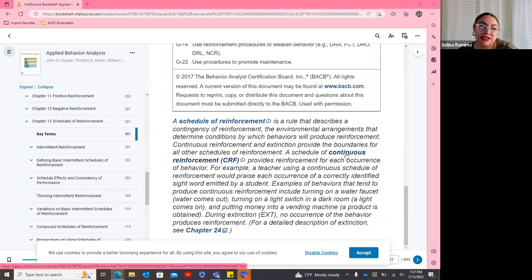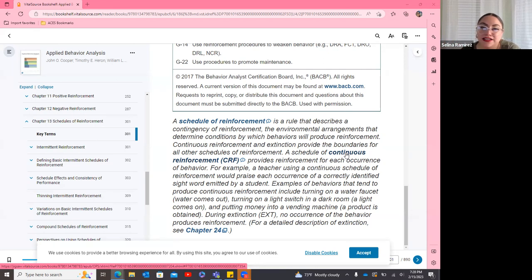Because if one person is running an FR1 and giving reinforcement after every one correct response, and then we have another person running a VR5, and then you start to see an increase in behavior with the VR5 person, what's happening is the client is going into what we call ratio strain. So make sure that everybody's on the same page as far as reinforcement schedules and when to deliver that reinforcement.